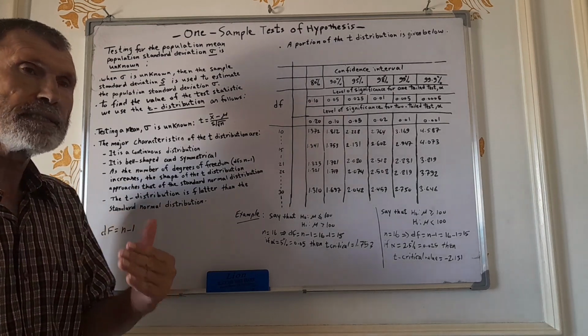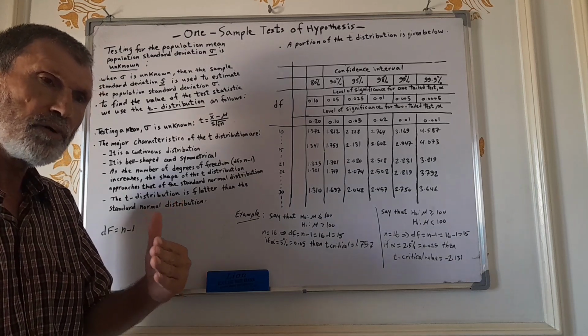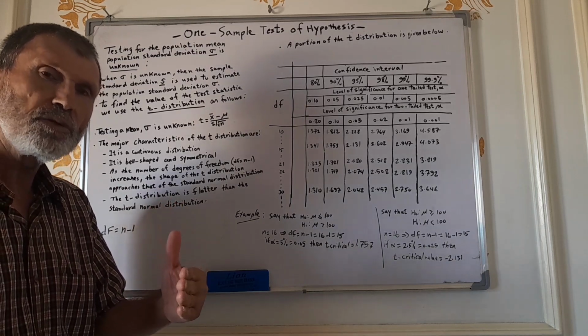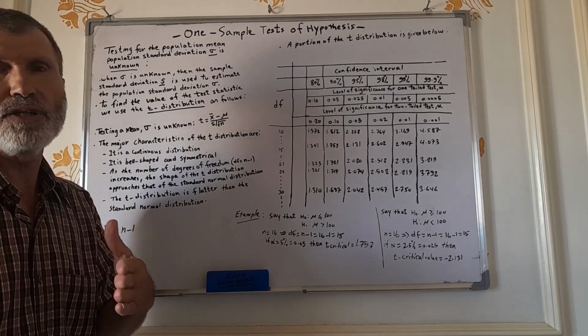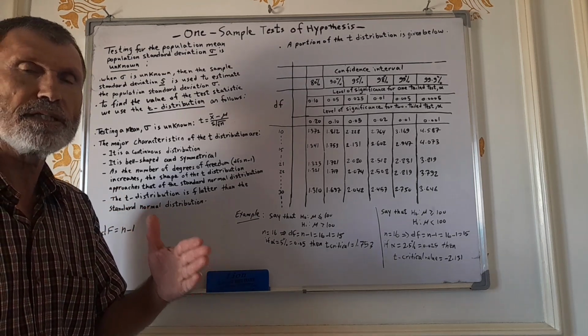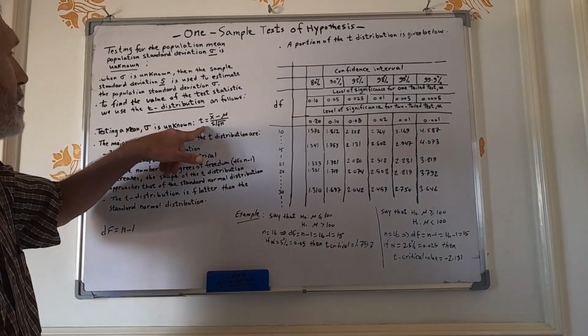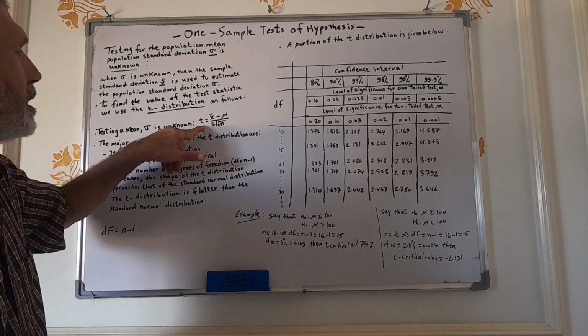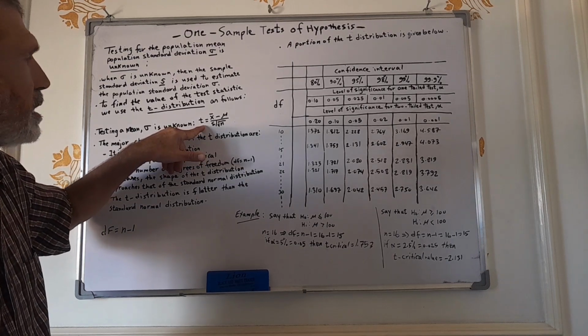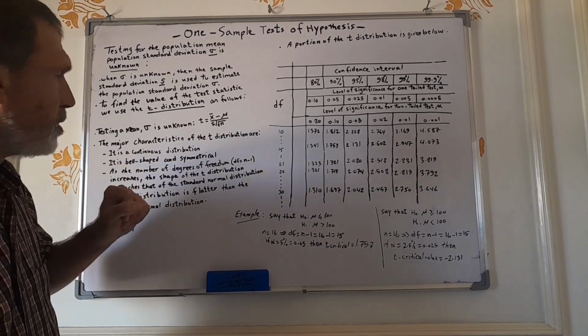Now, since the standard deviation of the population is unknown, we have to use the sample standard deviation S to estimate the unknown population standard deviation. So this is the t statistic that we will use: t is equal to X bar minus mu over S over radical n.